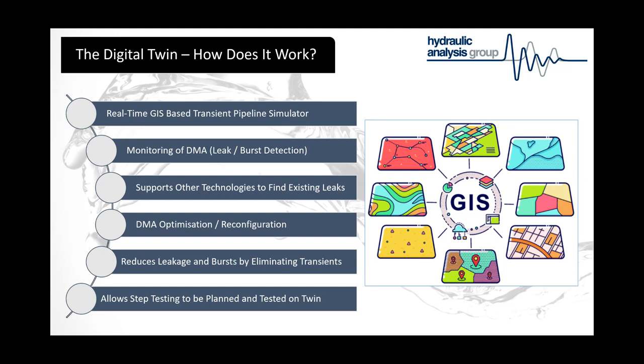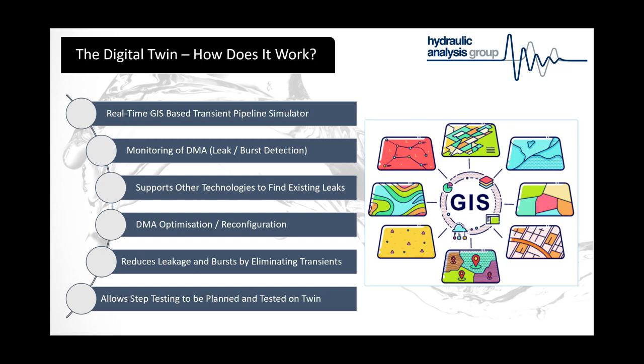So our digital twin, how does it work and what does it do? Effectively, it's a real-time GIS-based transient pipeline simulator, which is a bit of a mouthful. But effectively, we build a hydraulic model of a district metered area (DMA) using our software, which we've used for surge analysis for the past 50 years, and we drive it with live data from the asset to give a complete picture of the DMA to monitor it.